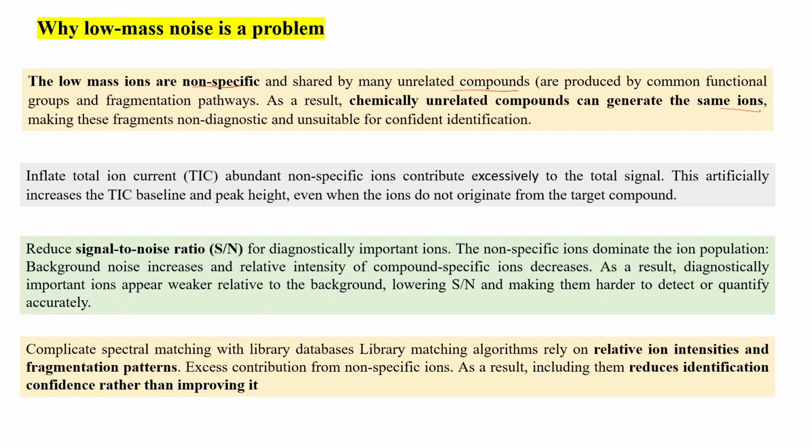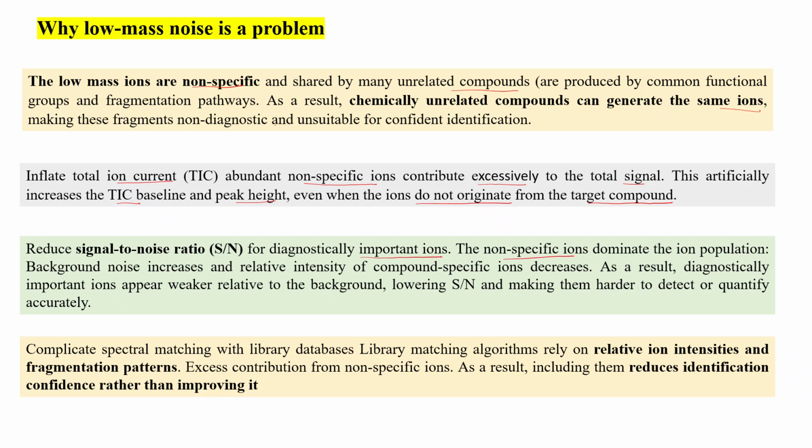These inflate total ion current. The abundant non-specific ions contribute excessively to the total signal, and this artificially increases the TIC baseline and peak height even when the ions do not originate from the target compound. They reduce signal to noise ratio for diagnostically important ions.